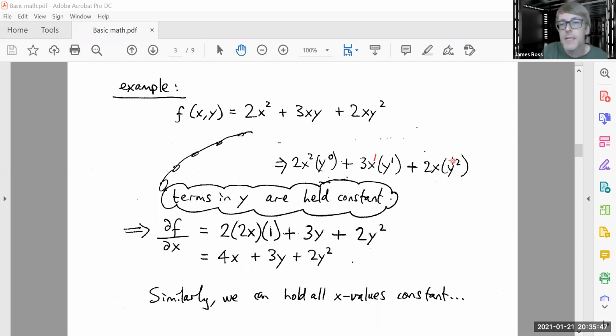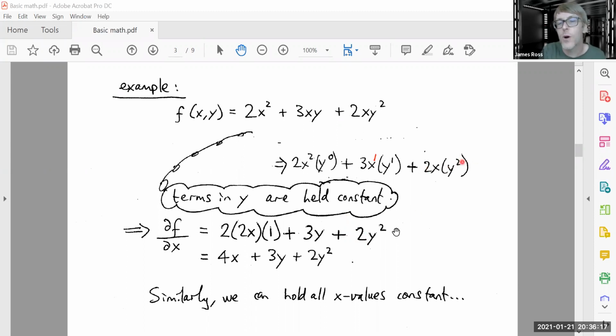And then finally, my last term, 2xy squared, again, I can take the 2 as a constant. Then the x is actually x to the first power. That 1 comes down as a coefficient, so it's 1x to the 1 minus 1, which is 1x to the 0. X to the 0 is just 1, so it just multiplies my coefficient 2 by 1, so I've still got the coefficient 2.